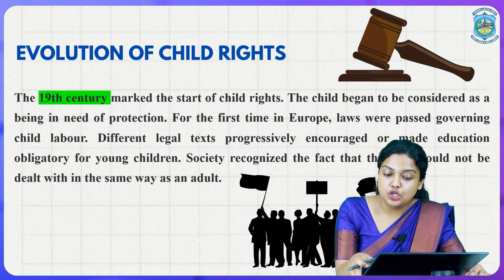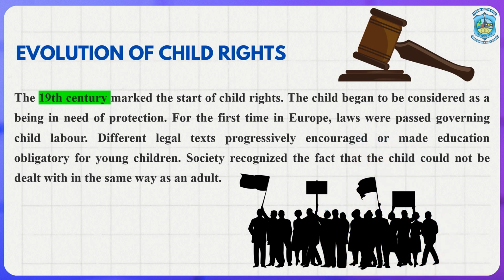For the first time in Europe, laws were passed concerning child labor. Different legal texts progressively encouraged or made education obligatory for young children. Society recognized that the child could not be dealt with in the same way as an adult because their needs are different. So we can't apply the rights of the adult to the child.